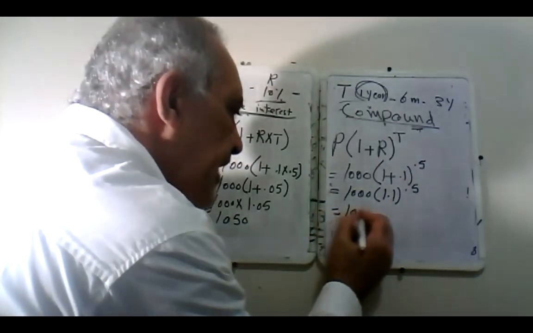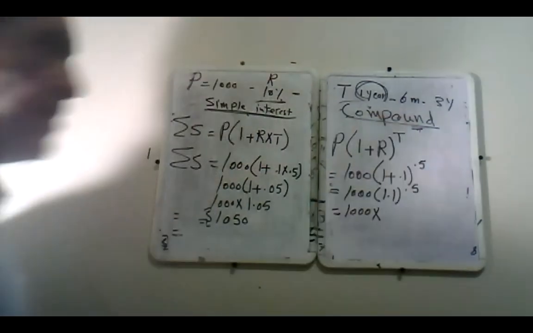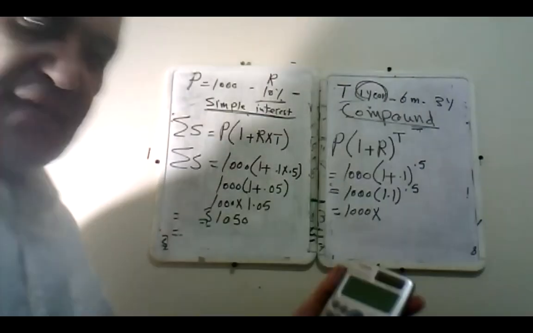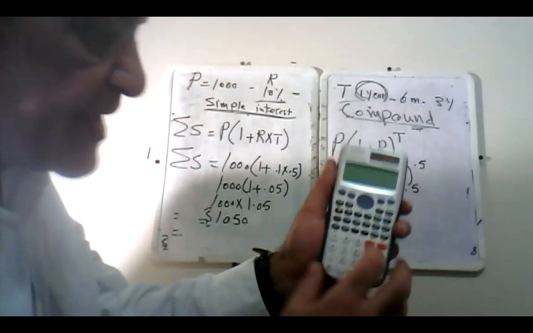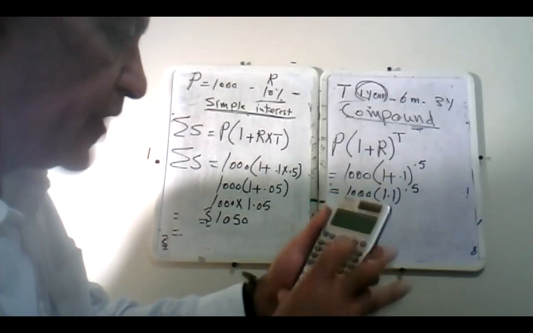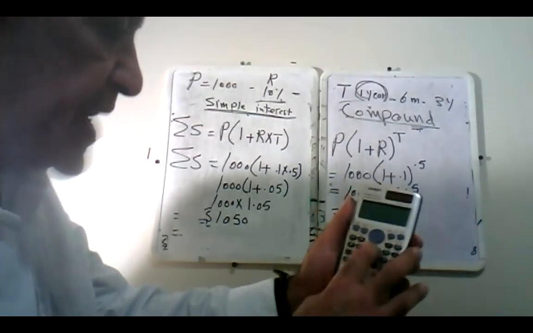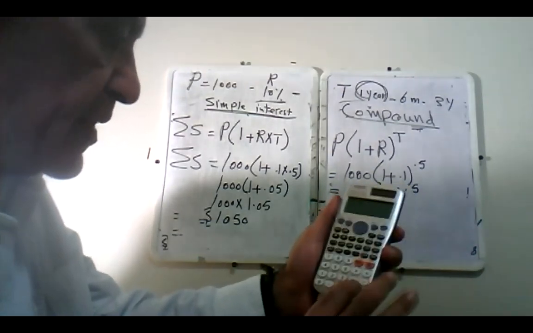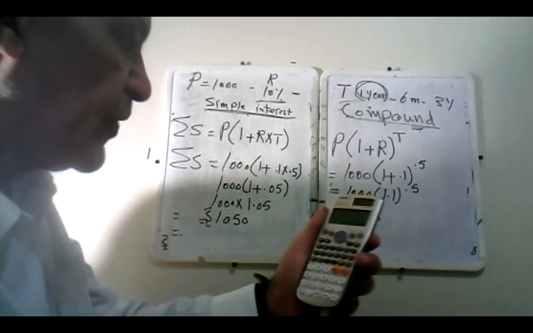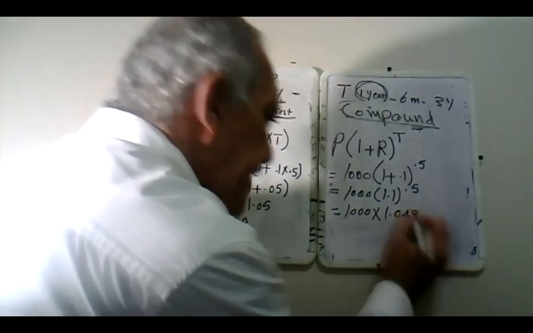I will do it on the calculator: 1.1, then the power key, 0.5, equals 1.048.